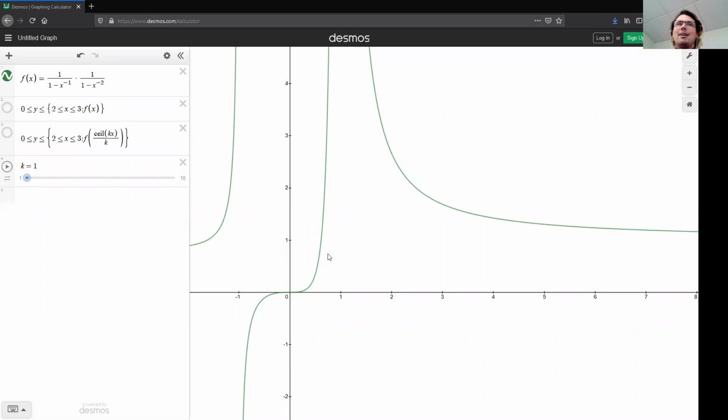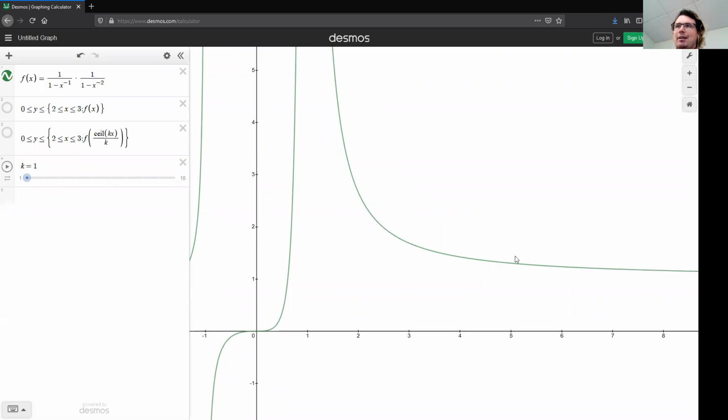Welcome back. Here in green, I've got the graph of a function. For right now, I'm not terribly concerned about what this function is, though I will need the formula for this function as I work through this problem.